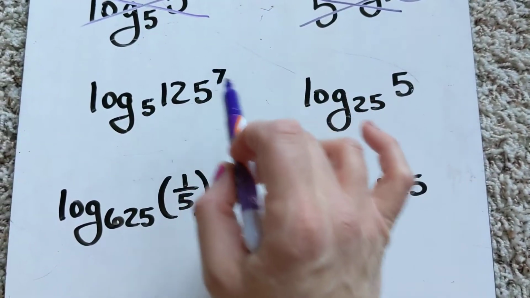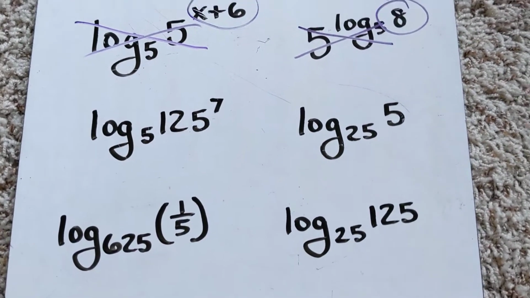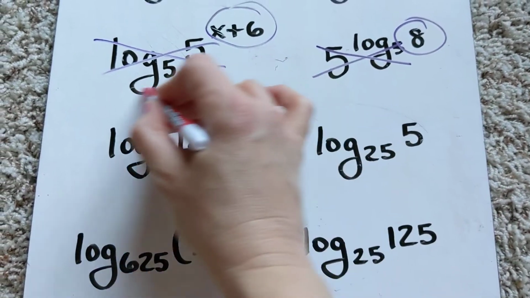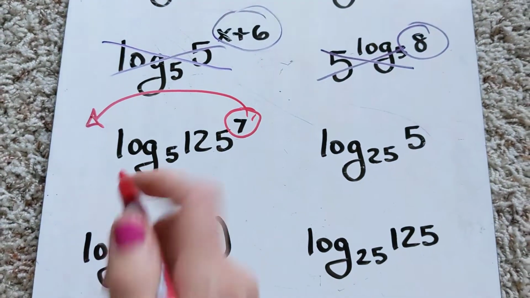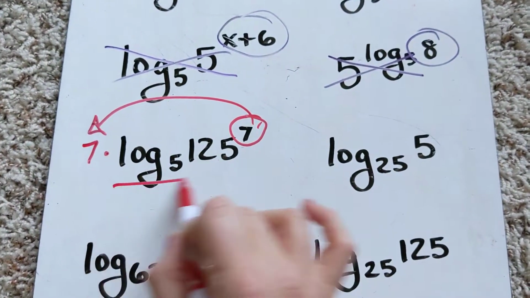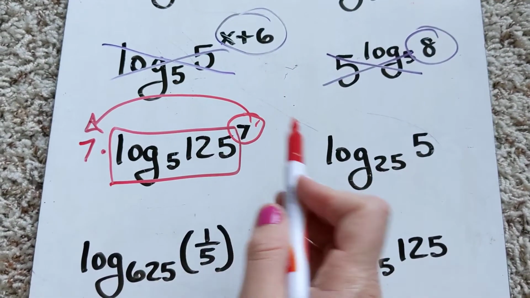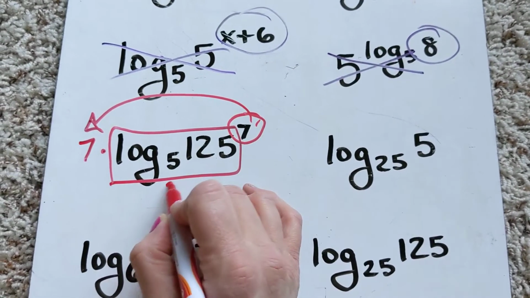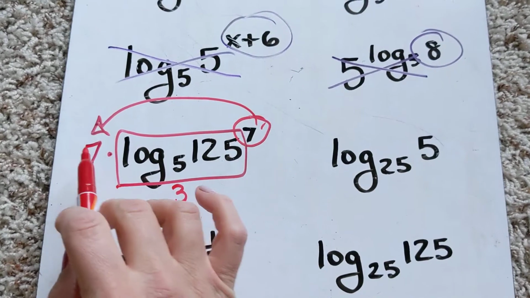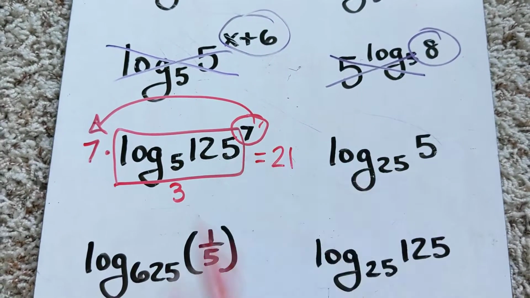Remember, whenever there's an exponent here, we're allowed to move that exponent to the front of the problem. So it becomes 7 times whatever we get from this. And we know that this would be 5 to the third, gives us 125, so this whole thing equals 3. Then you take 7 times the 3, and that whole thing would equal 21.